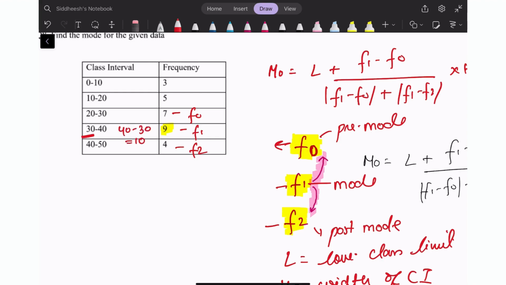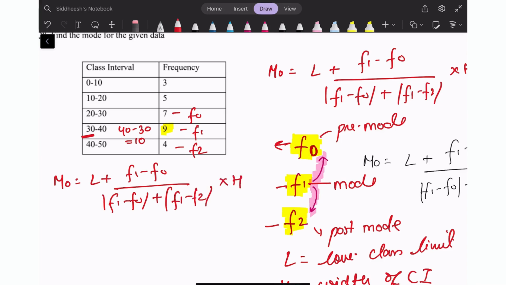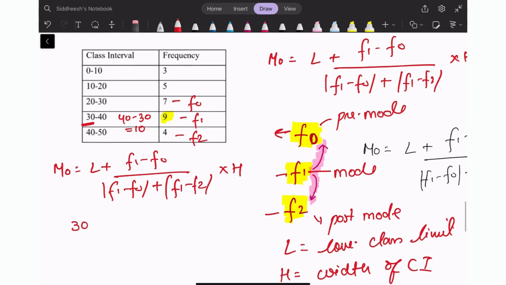Now we have to put the same into the formula. The formula is very simple. Mode is equal to L plus (f1 minus f0) upon (f1 minus f0 plus f1 minus f2) into h. So L is 30. What about f1? It is 9. What about f0?